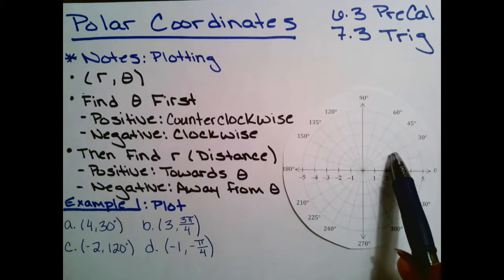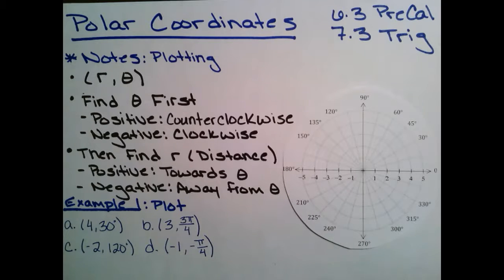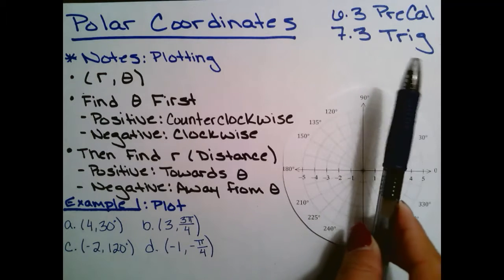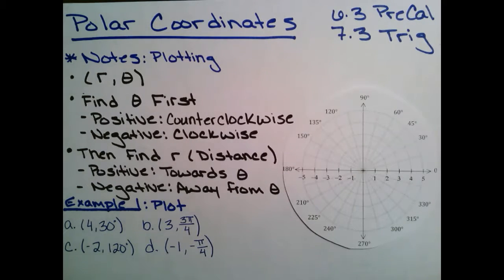All right. So if we are going to plot, instead of giving you an x comma y, I'm going to be giving you an r comma theta. R will represent the ring, and theta will represent how many degrees you would turn. Okay, so I know this seems a little backwards, but anytime you're going to plot, I want you to start by finding theta first.